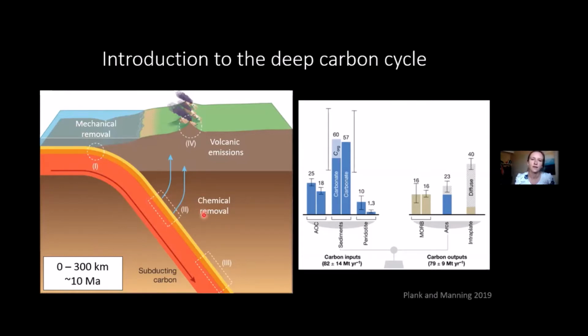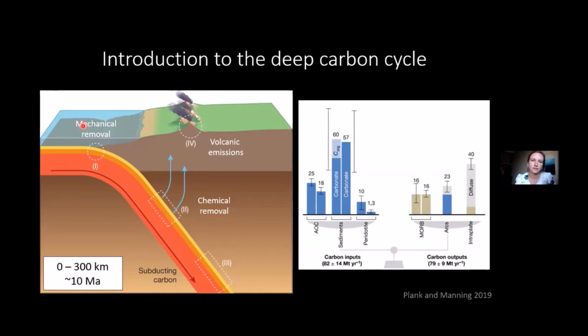This can include not only some carbonate dissolution, but also some carbonate melting reactions. One very important process in the deep carbon cycle is the transfer of this carbon from the slab back through the lithosphere and out to the surface via volcanic eruptions and emissions.